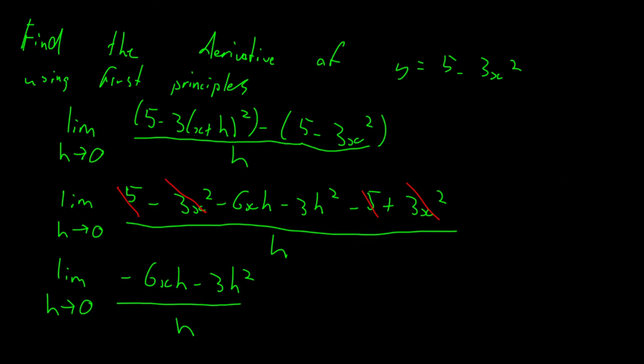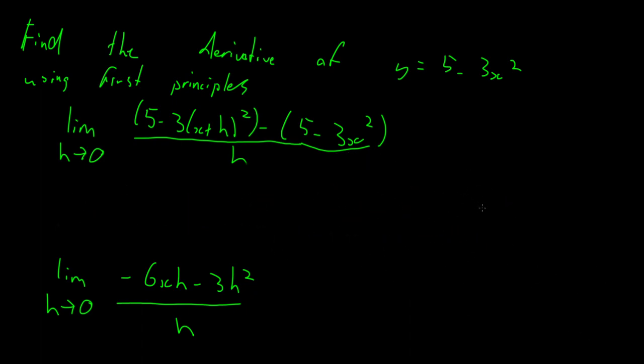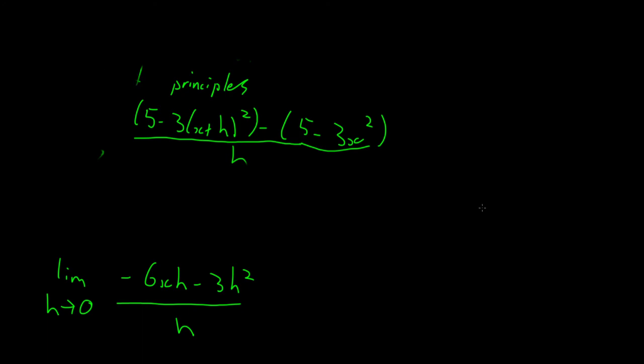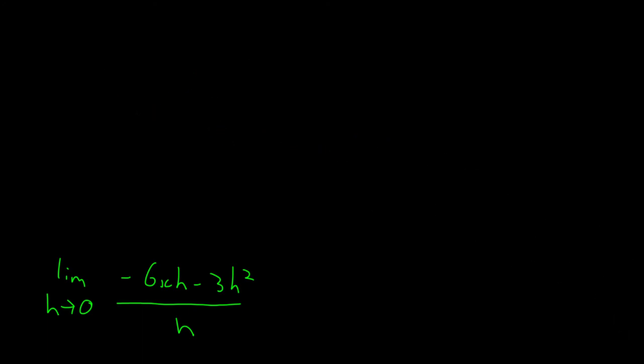Alright, we'll make some more room up here so we can continue working. And again, what we can see here is that these all have an h in them, which means we can take out a common factor of h. h times (minus 6x minus 3h) on h.